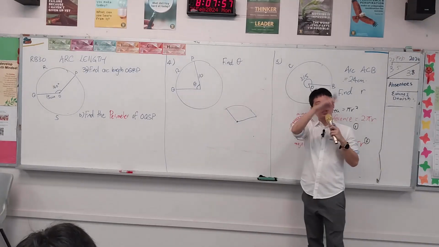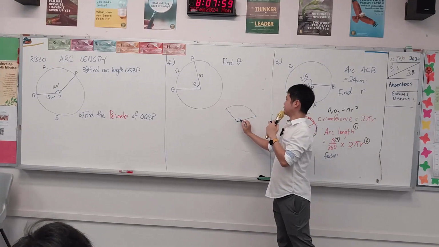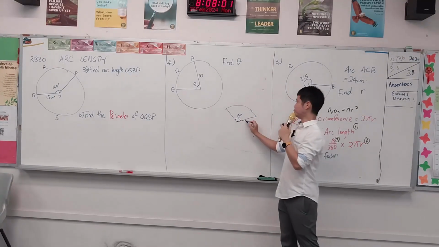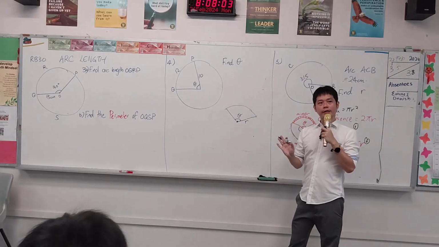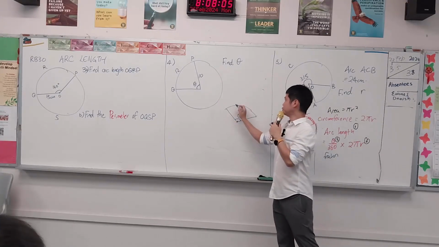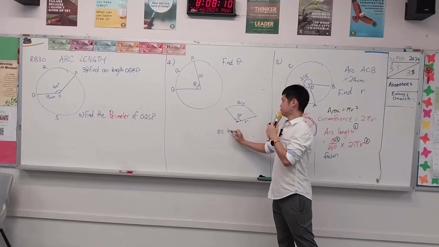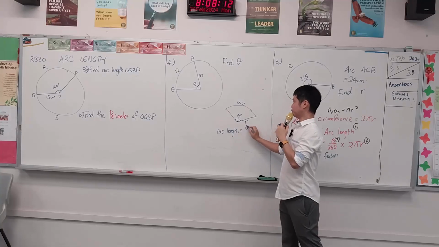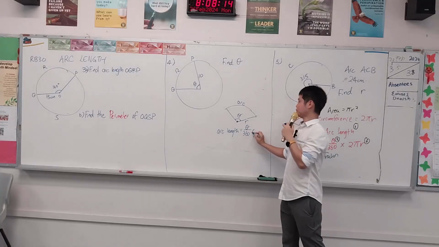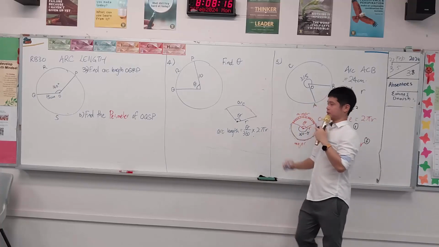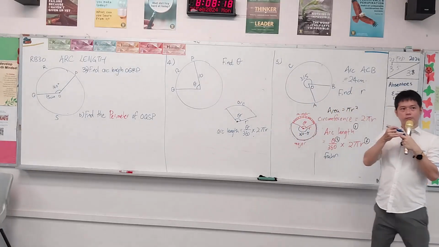Now, in order to find this partial length, I will need the angle and the radius, and that's all I need. So the formula again to find the arc length will be a fraction of a circumference.